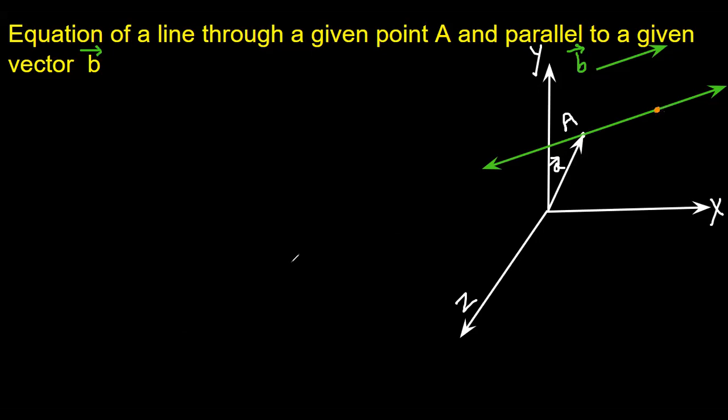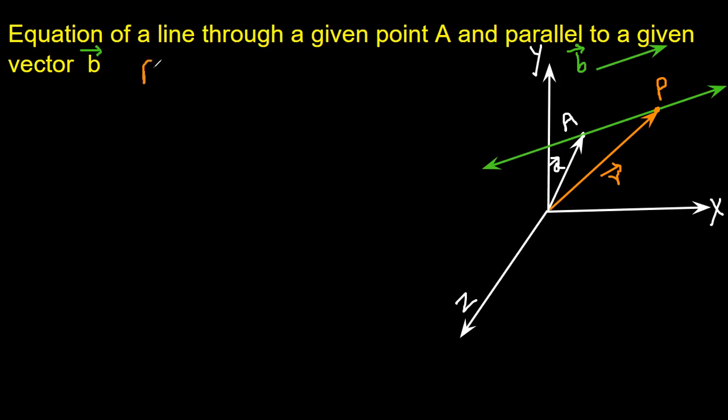Let's take this point, and we want to join that point from origin, and that vector is a general vector which we represent by letter r vector. Okay, this is the point P over here. Now, since this is vector B, which is parallel to line L, our line L is this. So B is parallel to L.